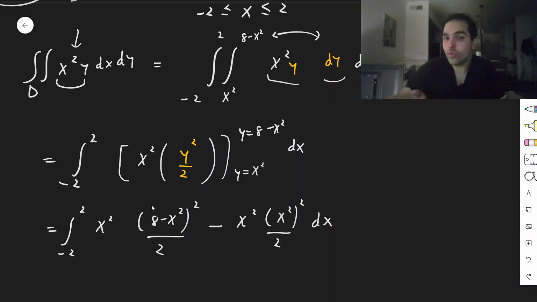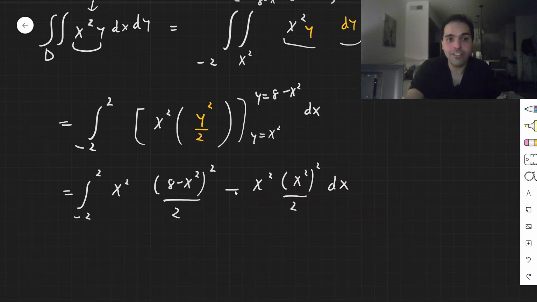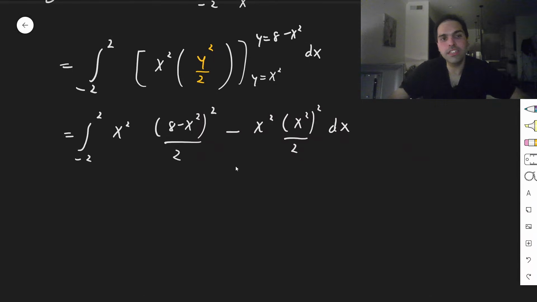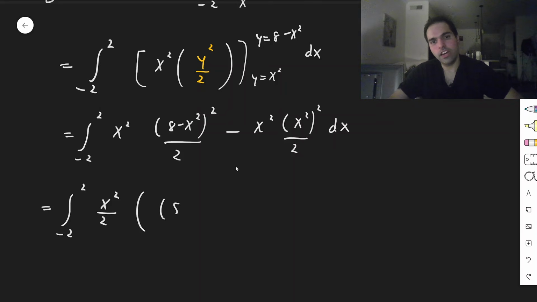Now the way to evaluate this is entirely up to you. Feel free to expand this out, but it turns out for this specific integral, it's easier to factor out. So let's factor out x squared over 2. And then we have 8 minus x squared, squared, minus x squared squared, dx.